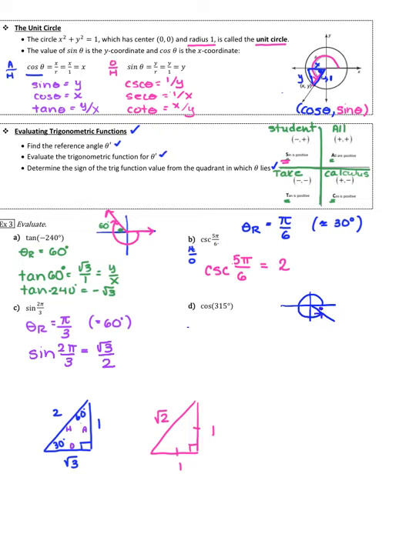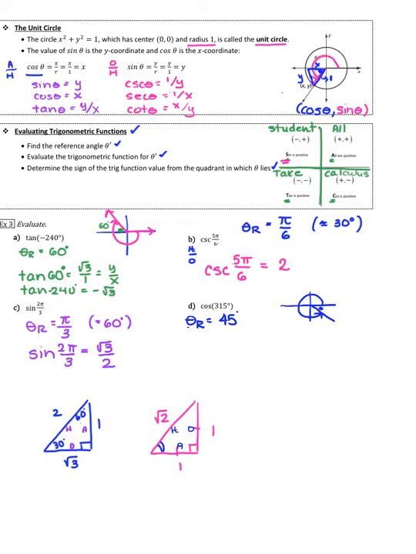That has a reference angle of 45 degrees, or pi over 4, either way, but this was in degrees, so we'll keep it in degrees. So my reference angle, if we're looking at our isosceles triangle, I can call this the opposite, the adjacent, the hypotenuse.